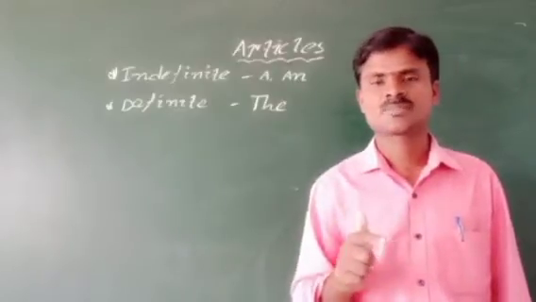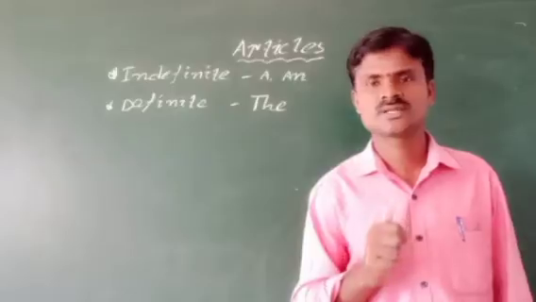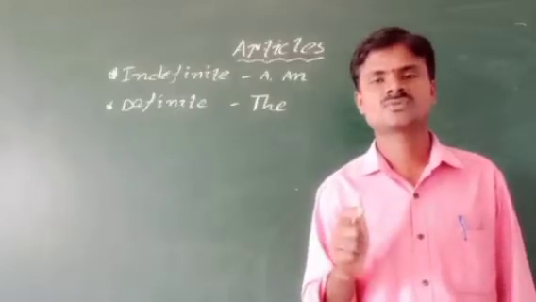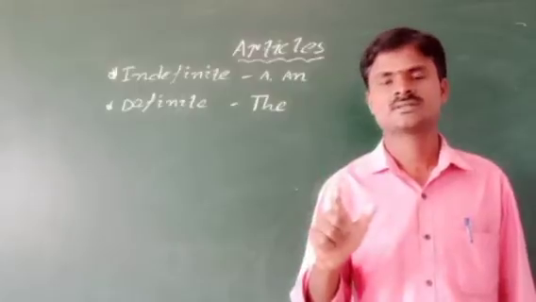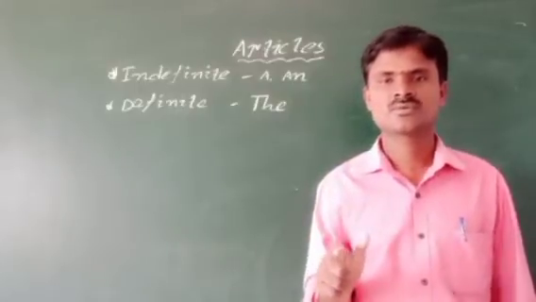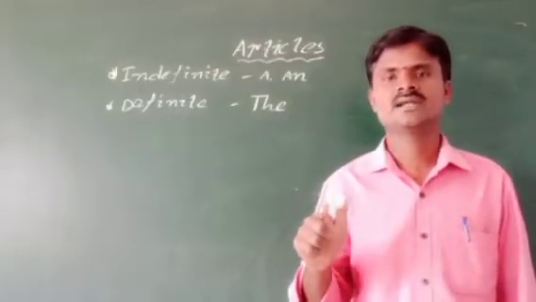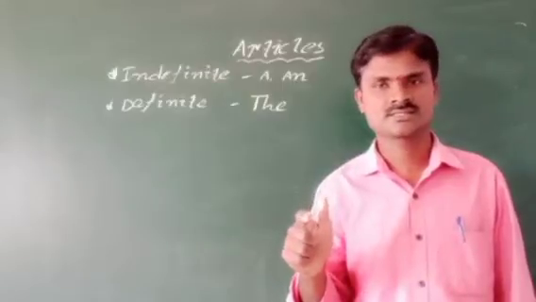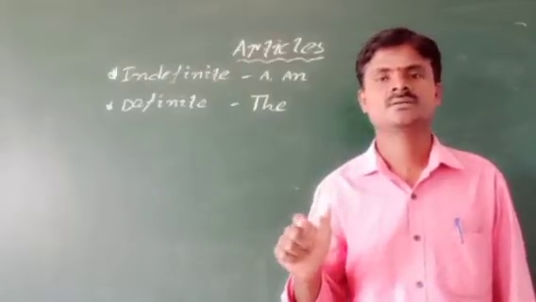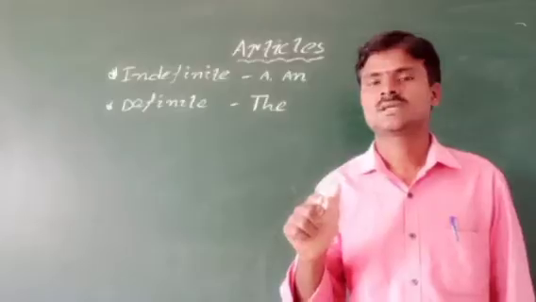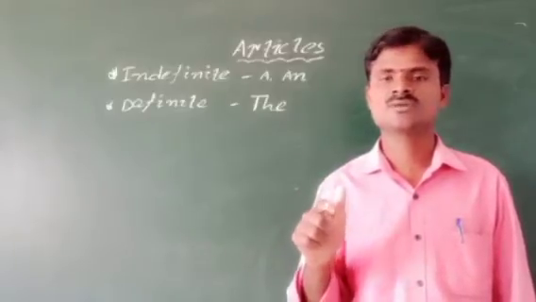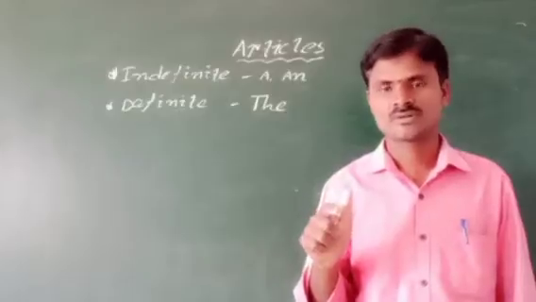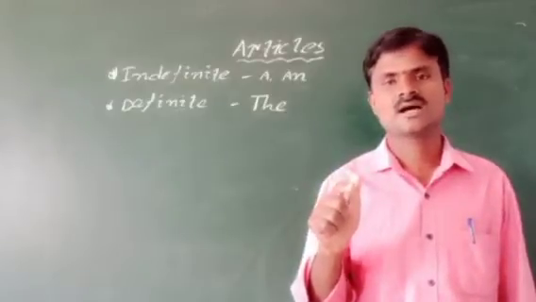See children, most of the students may get confused over consonants and vowels. They think that a and an come only before the letters, but that is not exactly right, because before consonant sounds and vowel sounds we must use a or an.